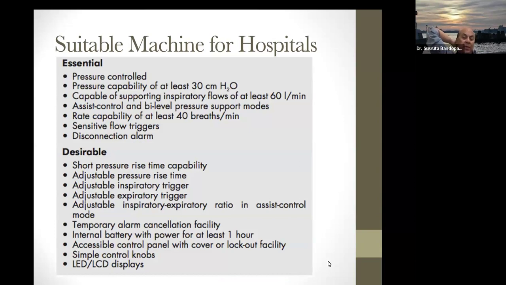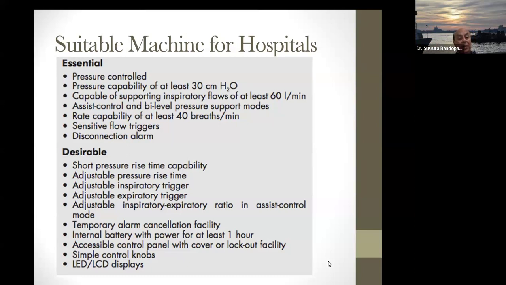So hospitals and critical care should have pressure control mode. It should have a high pressure capability. Maybe it should be able to raise the inspiratory pressure up to 30 centimeters of water, and be capable of supporting inspiratory flows of at least 60 liters per minute. Again, these patients are short of breath and need a lot of ventilatory support. Assist control and bilevel pressure support modes, rate capability of at least 40 breaths per minute, sensitive flow triggers, disconnection alarm.